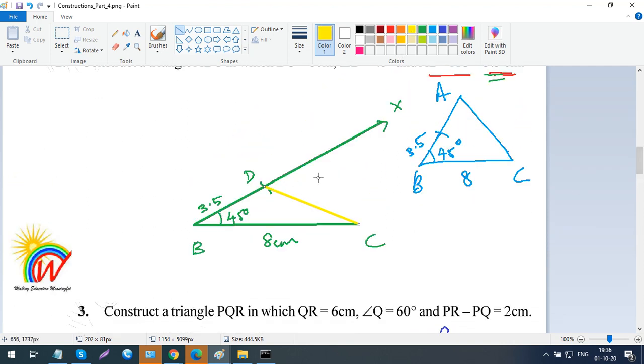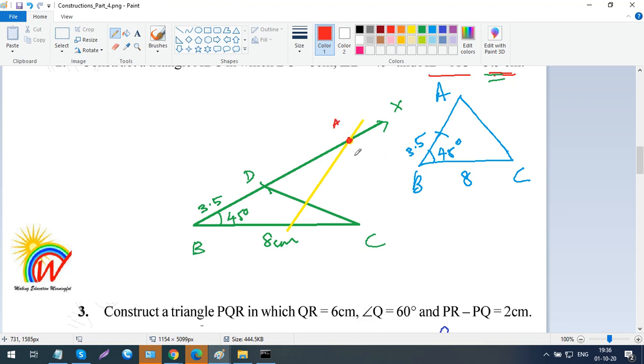The perpendicular bisector of this line is going to be somewhere over here, something like this. Okay, this is the perpendicular bisector. So the point where it intersects over here is your A.